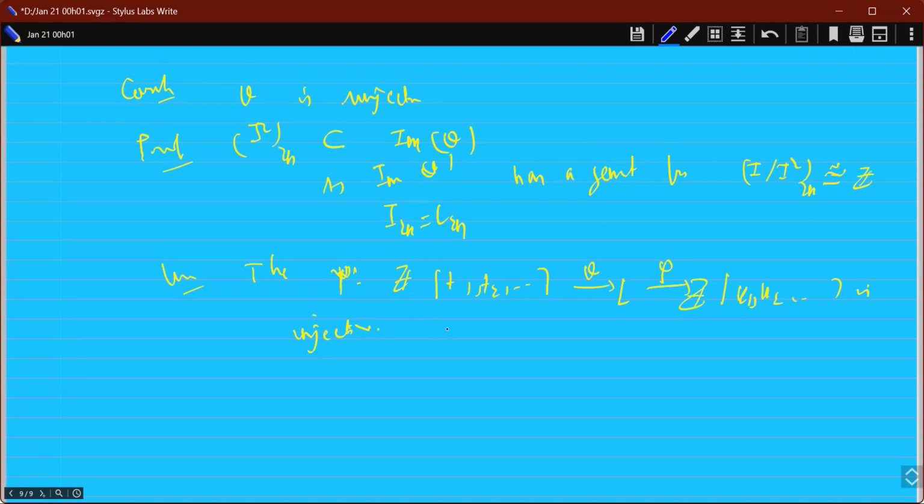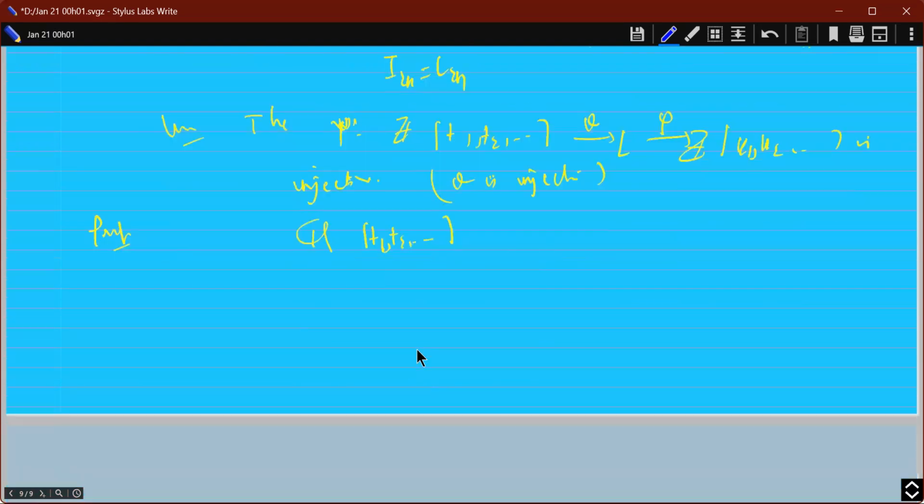In particular, theta is injective. So let's prove this. Let's consider the square. So we have this square.